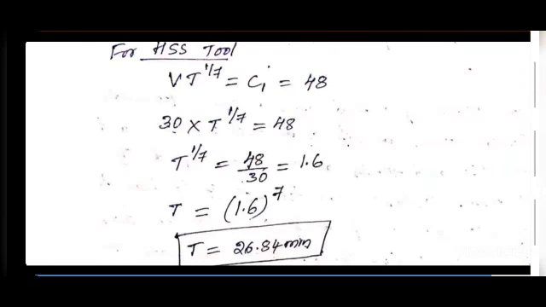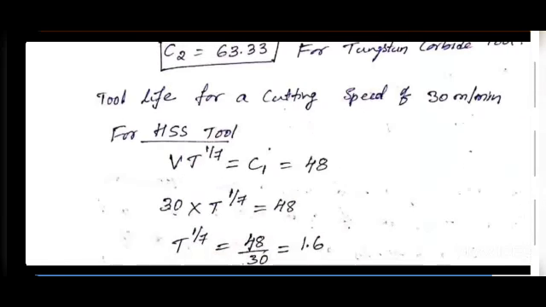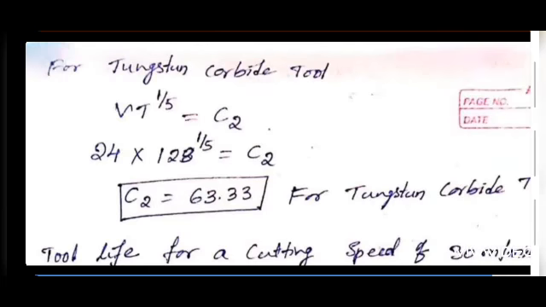Similarly, find the machining constant for tungsten carbide. For tungsten carbide, the given Taylor tool life equation is V t to the power of 1 by 5 is equal to C2. Substitute the initial condition, 24 meter per minute as cutting speed and 128 as tool life. So you will get C2 is equal to 63.33. Now for 30 meter per minute, find the tool life for tungsten carbide.